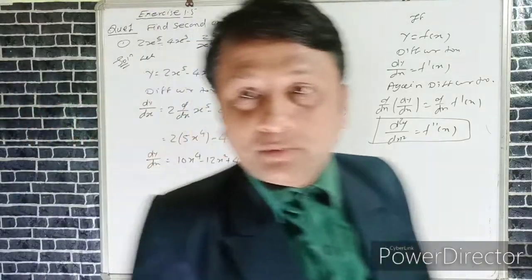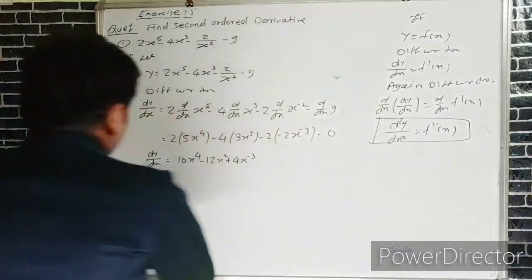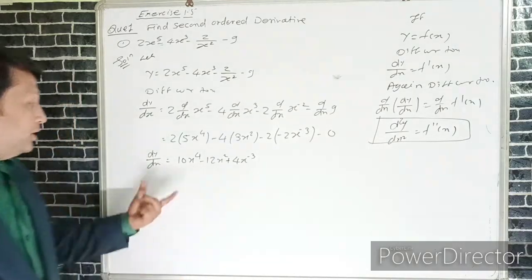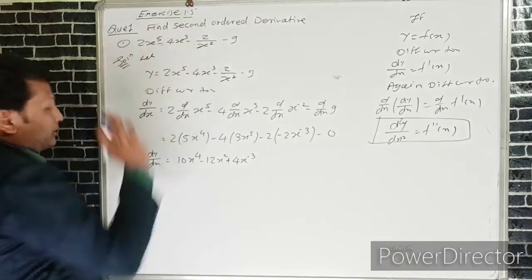But we have to find the second order derivative. dy by dx is a first order derivative. If we differentiate the first order derivative again with respect to x, then we get the second order derivative.